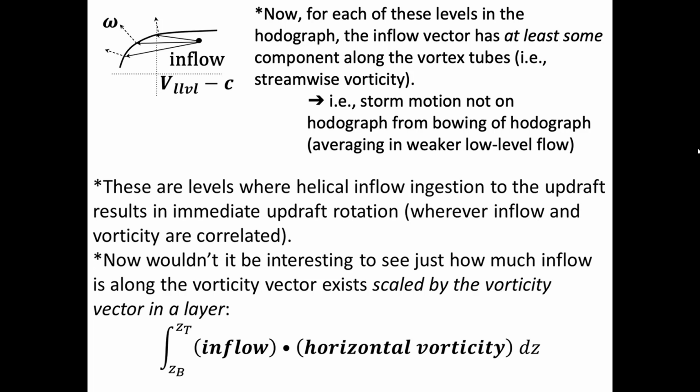So that arch in the hodograph, the concavity, is very critical to understanding the concept of inflow's orientation relative to the horizontal vorticity and the tendency for streamwise vorticity to exist within the environment.